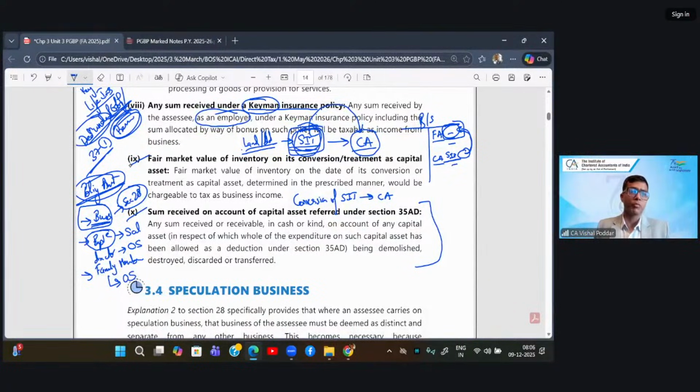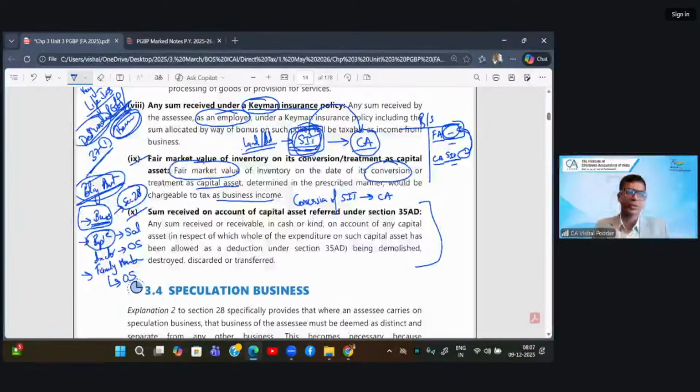So the question is, what will be the amount treated as the sale price? Section 28 says, whatever is the fair market value of this asset on the date on which you converted it into a capital asset, that fair market value will be treated as the sale price, and you will compute your PGBP income taking this amount as the sale price.